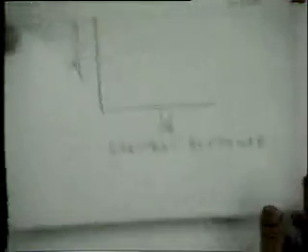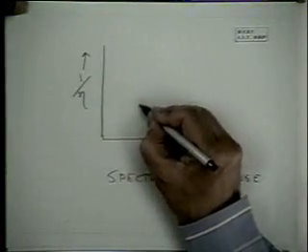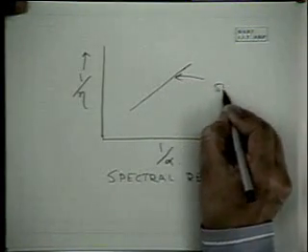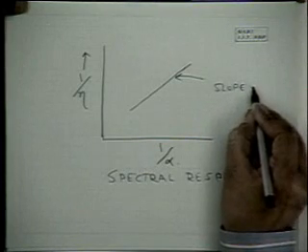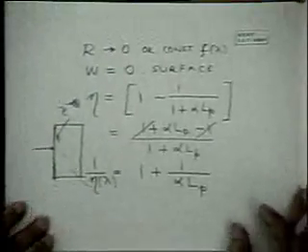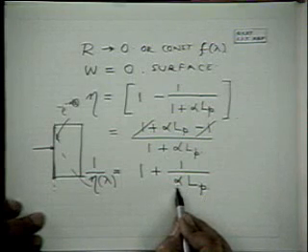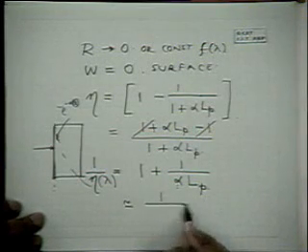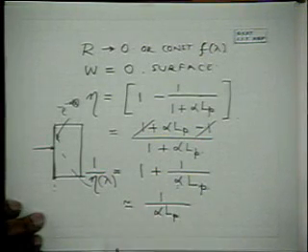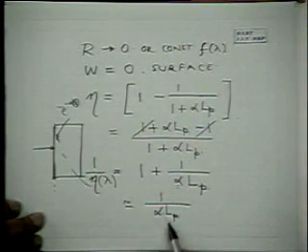So if we plot 1 by eta against 1 by alpha, we'll get plots like this, and the slope of this is 1 by LP. At low values of alpha LP, this is almost equal to 1 by LP. So we are plotting 1 by eta against 1 by alpha, and the slope is 1 by LP.